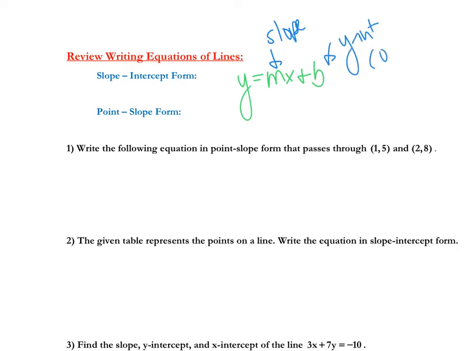Remember that we write the y-intercept as an ordered pair. Okay. And then point-slope form is y minus y1 equals m times x minus x1. Again, the slope is m, and then x1, y1 is a point on the line.